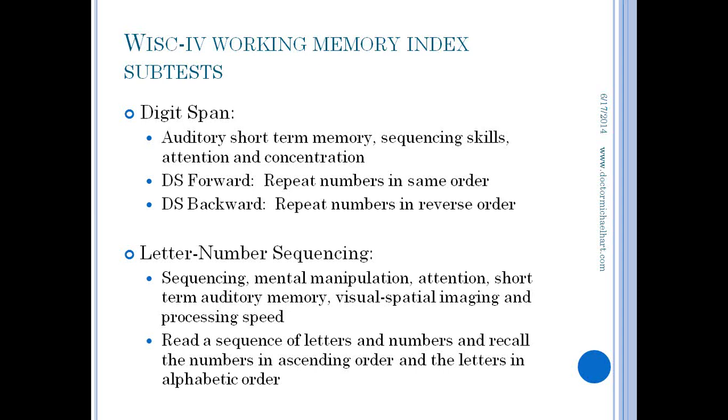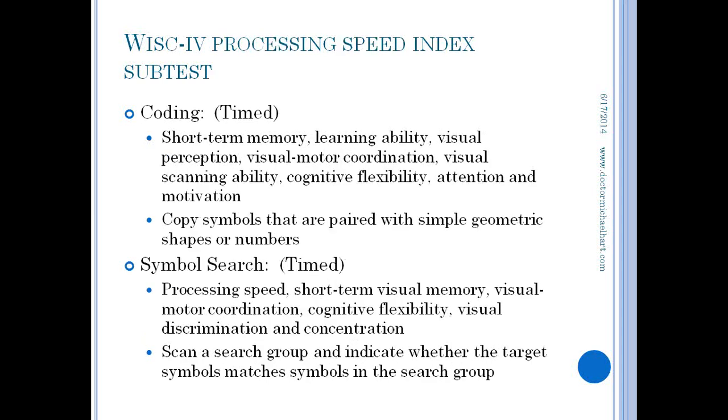The child has to read a sequence of letters and numbers and then recall the numbers in ascending order, and the letters are then recalled in alphabetical order. So again, when you think about what working memory really is, you can see how those are challenging tasks that really fit the bill with regard to measuring this kind of task.